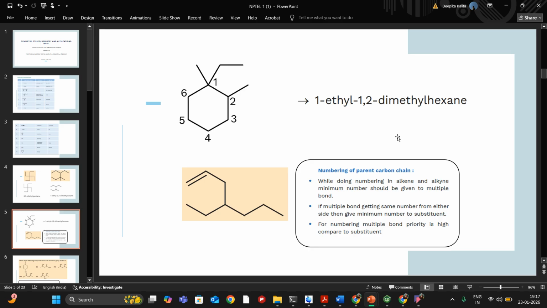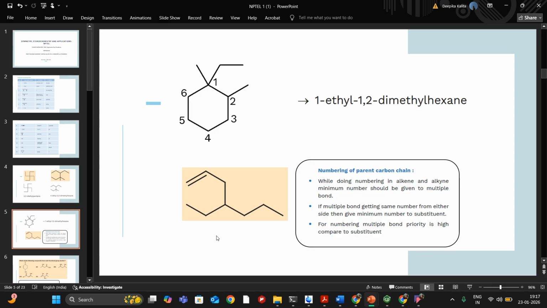Now, after the three examples of hydrocarbons, we are going to introduce functional groups. Let us start with this easy hydrocarbon having a functional group which is an alkene. While doing numbering in alkene and alkyne, minimum number should be given to the multiple bond.